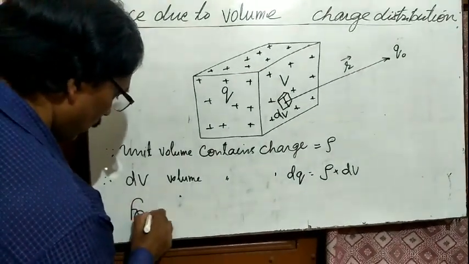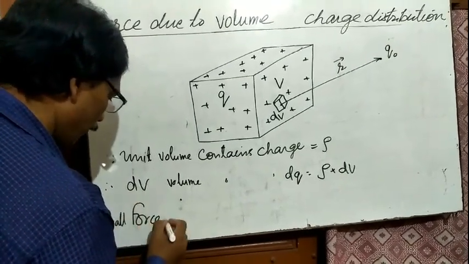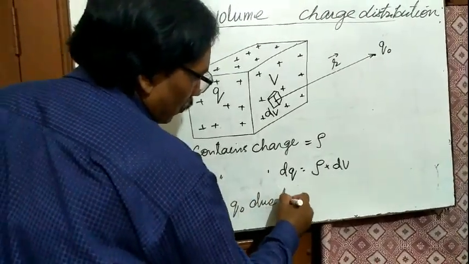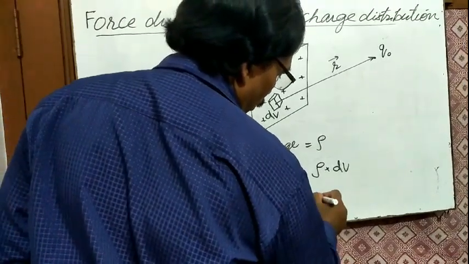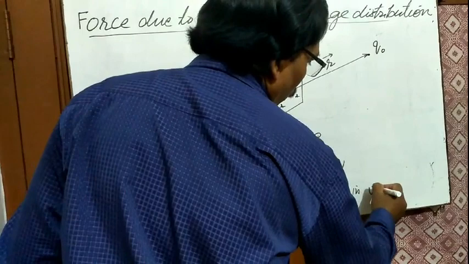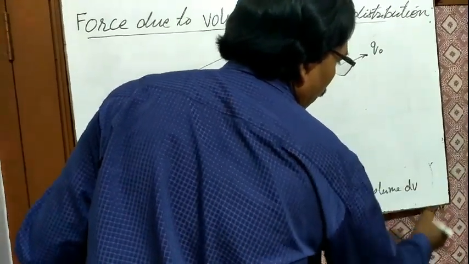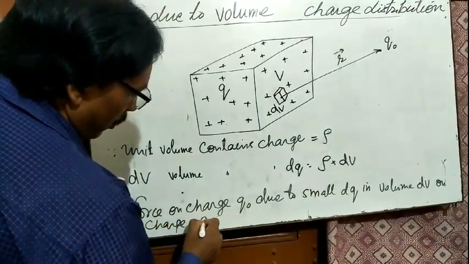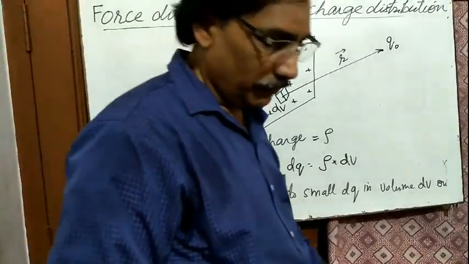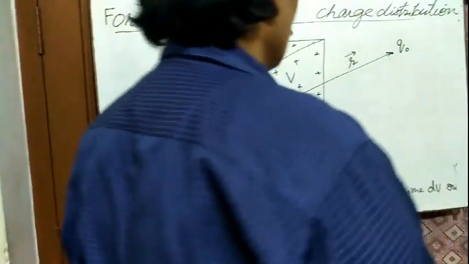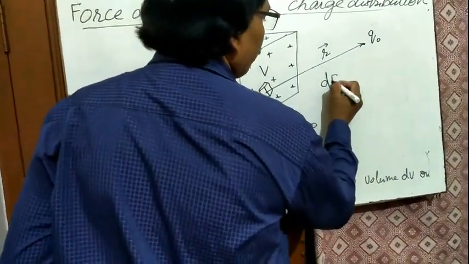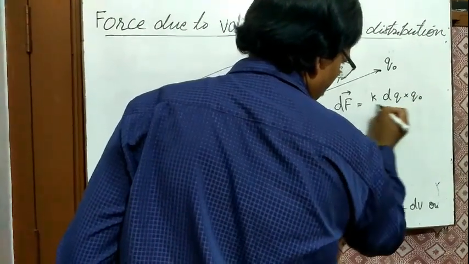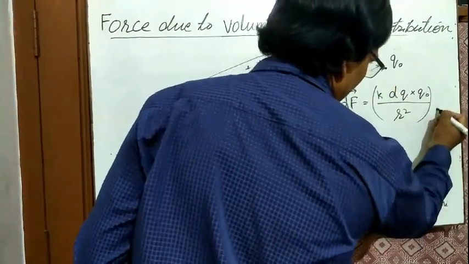So the small force on charge Q naught due to the small charge dQ in volume dV, we will write by using Coulomb's law. dF is equal to K dQ into Q naught by distance R square R cap.